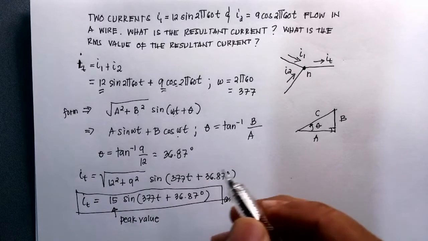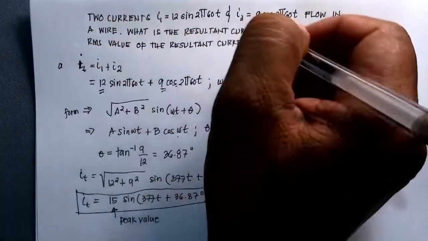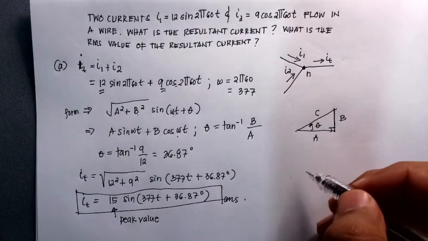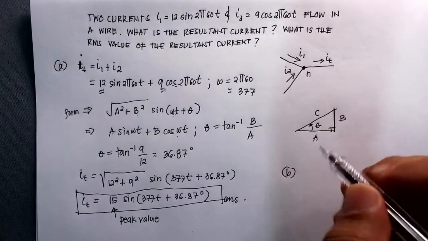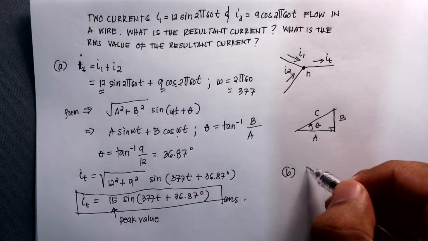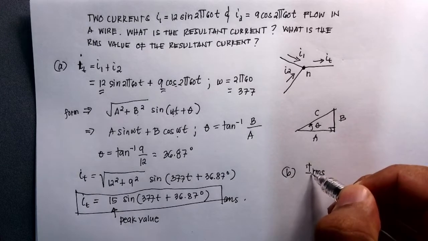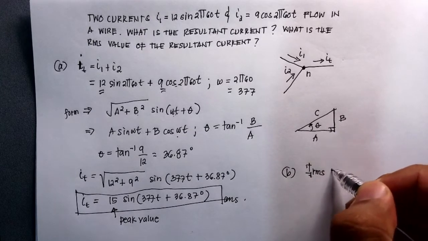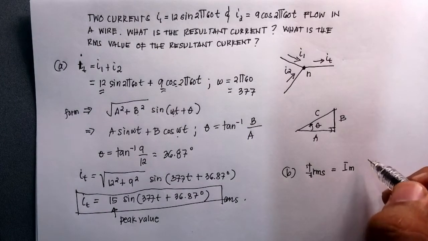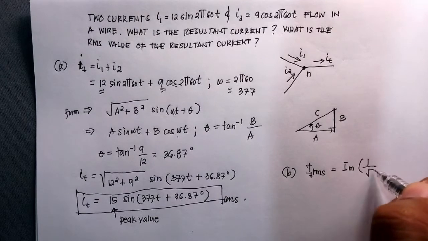By the way, this is for question A, and for our letter B, since this is the peak value, we simply get the RMS value for our total current. How do we do that? That will be the peak value multiplied by 1 over square root of 2.